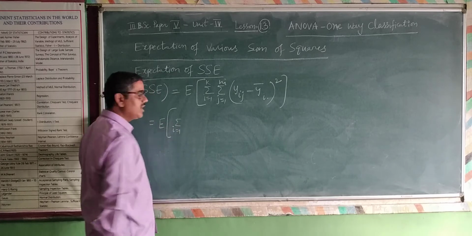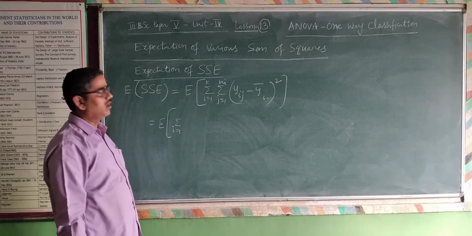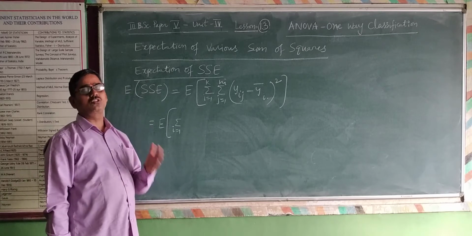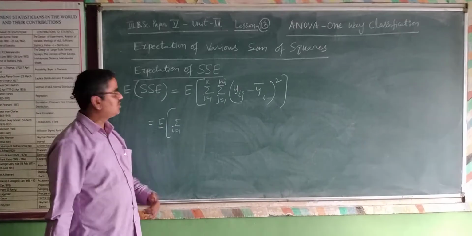Now in the first part we calculated the values of yij and y bar i dot. Yij is of course the mathematical model, and y bar i dot is one such value which was calculated with the help of yij in the first part.